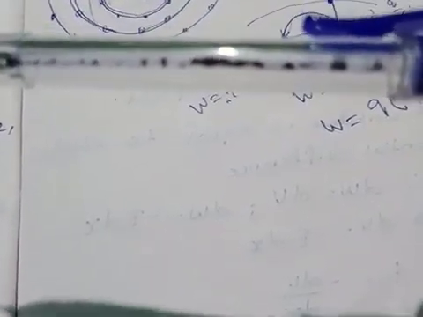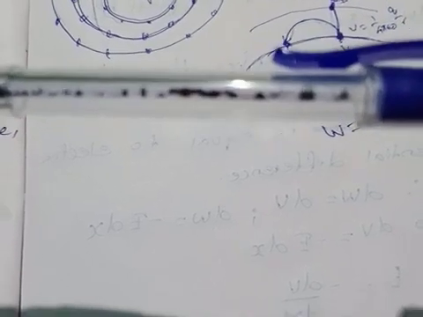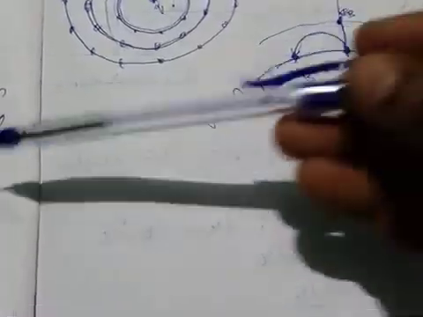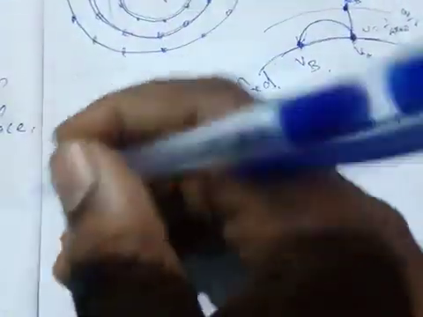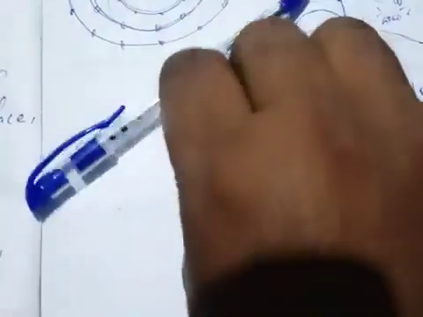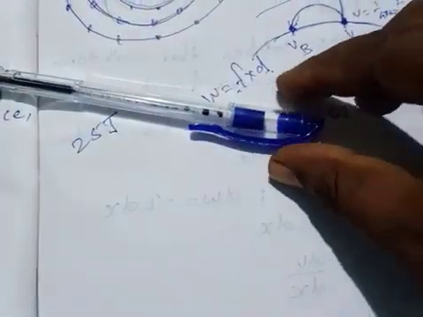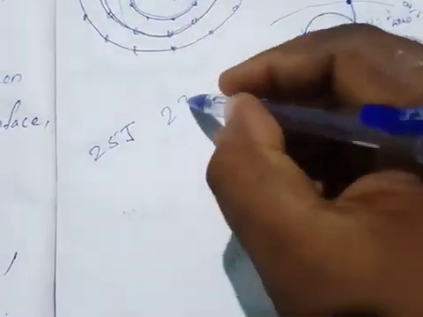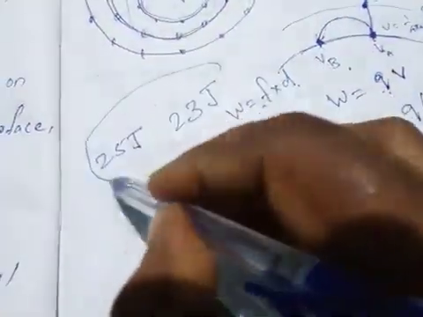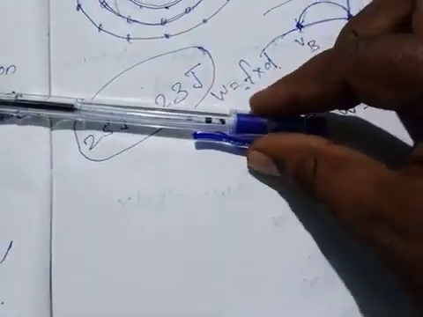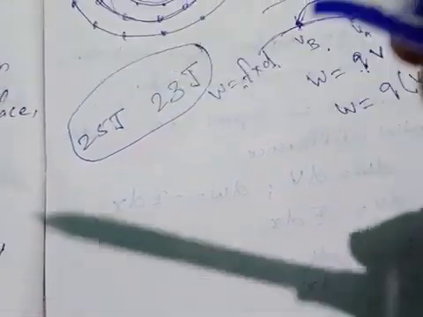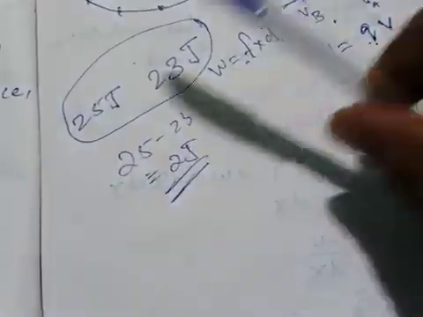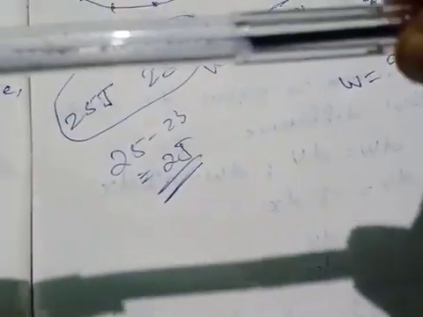When I am lifting this pen from one position to another position, I have used some energy, and now the energy is 23 joule. So how much work is done to move this pen from this position to this position? You know that. 25 minus 23 is equal to 2 joule of work done to move the pen from this position to this position.